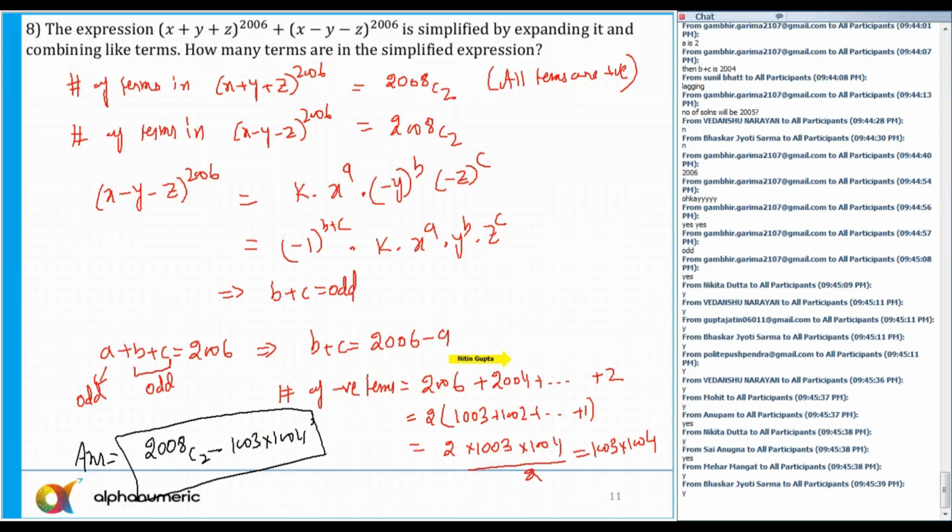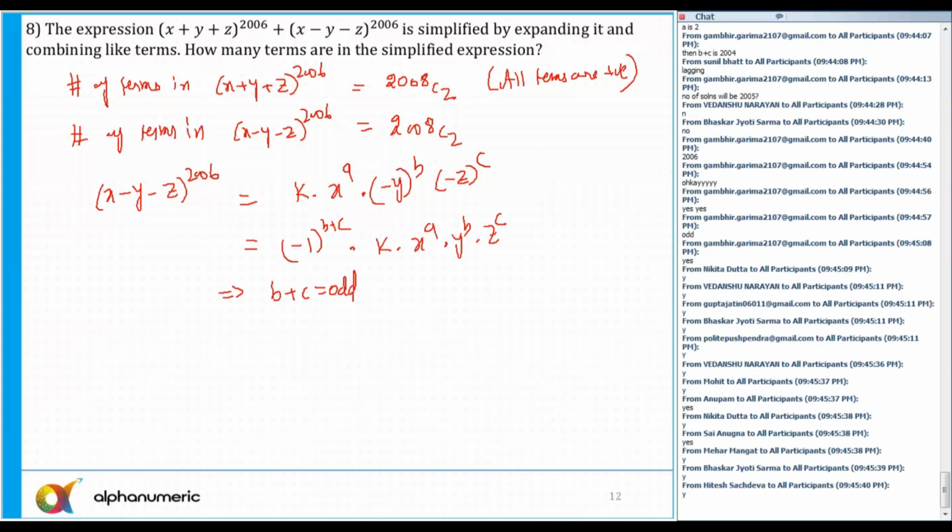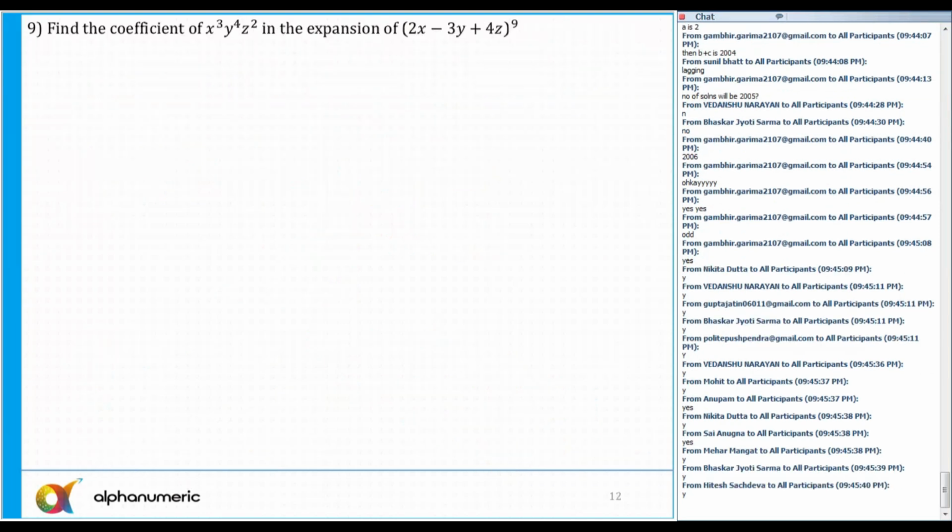All right, guys. So try this question number 9. Find the coefficient of x cube into y raised to power 4 into z square in the expansion of this.